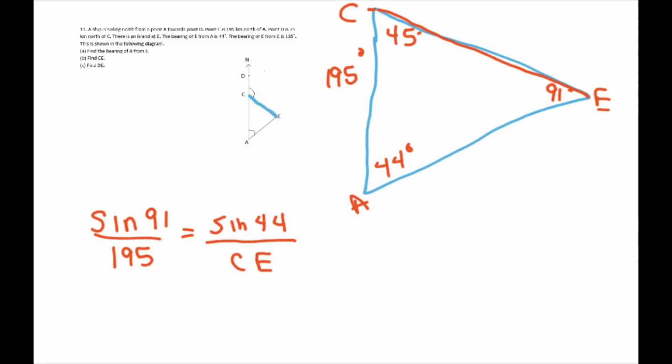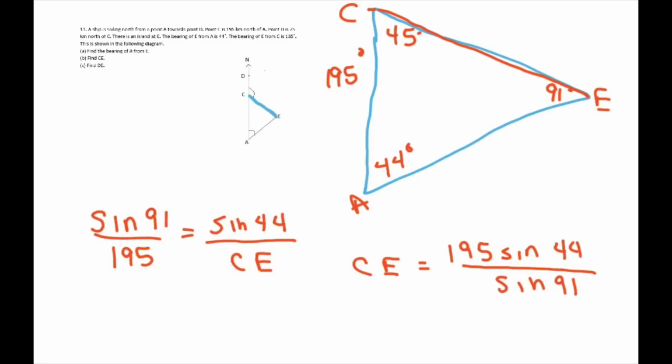Make sure your calculator is in degrees, so you're going to get CE equals 195 sine of 44 divided by sine of 91.